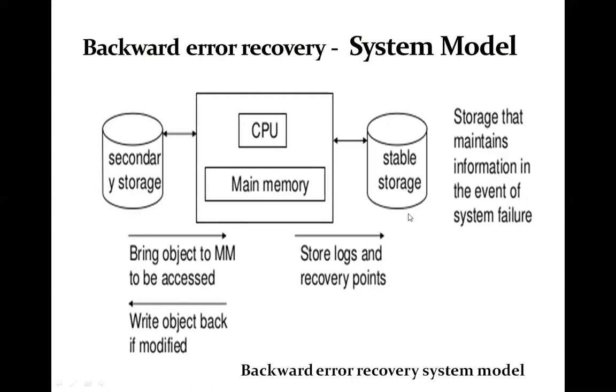Now, this stable storage is used just to store the logs and the recovery points, and the contents of both the stable storage and the secondary storage survive when the system fails.